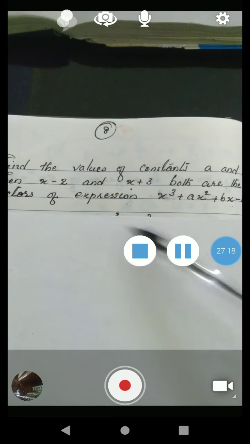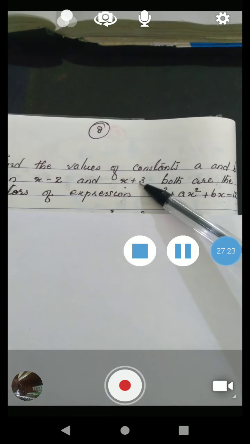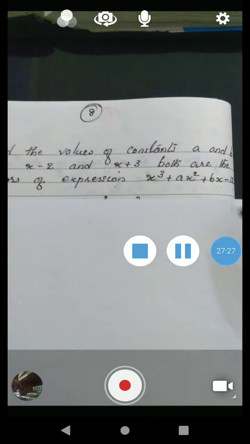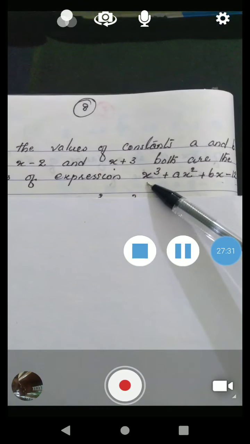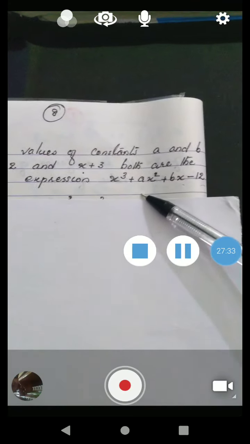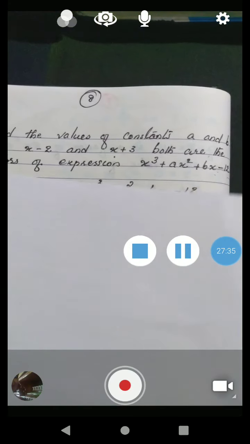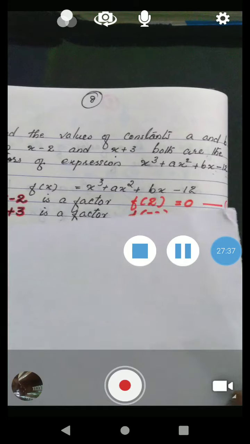That means when this expression is divided by x minus 2, remainder is 0. At the same time, when this expression is divided by x plus 3, remainder is again 0, right? Therefore, let's start. Let f(x) is equal to x cube plus ax square plus bx minus 12. That is the first step.